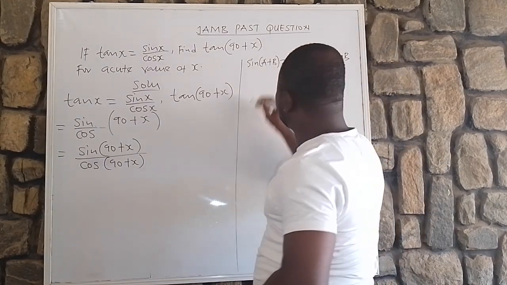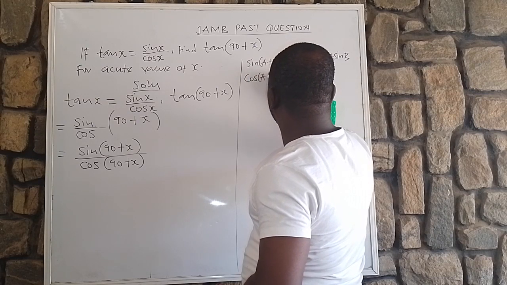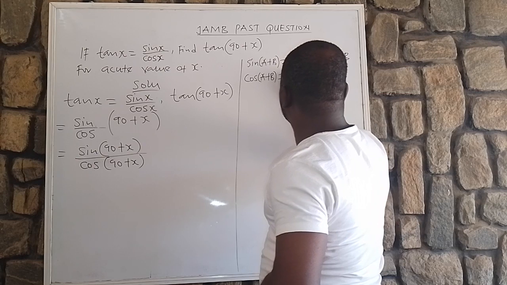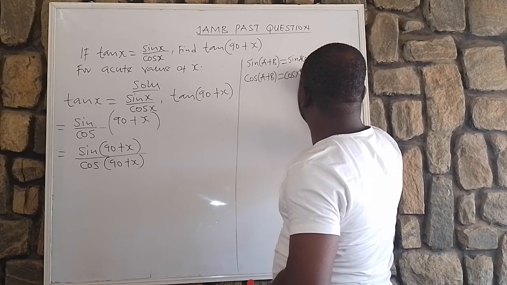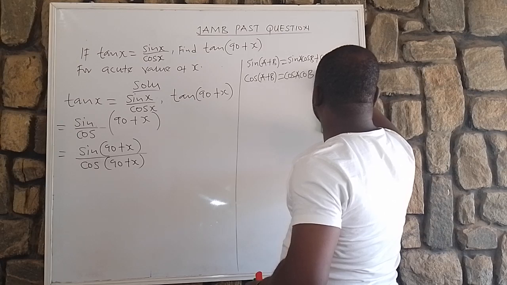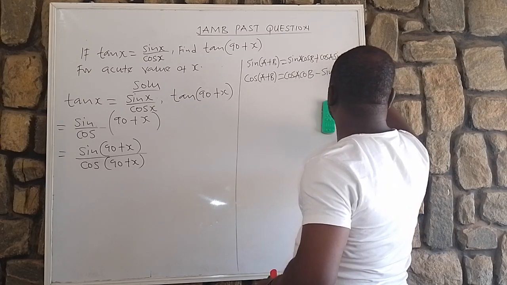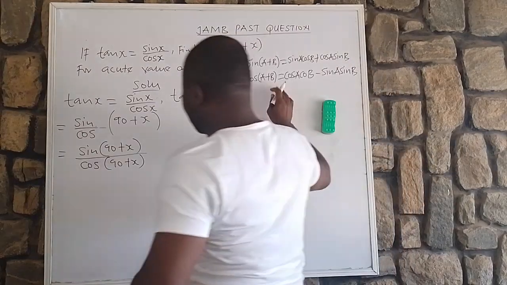Then likewise, cos A plus B is the same as cos A cos B minus sine A sine B. Take note of this.